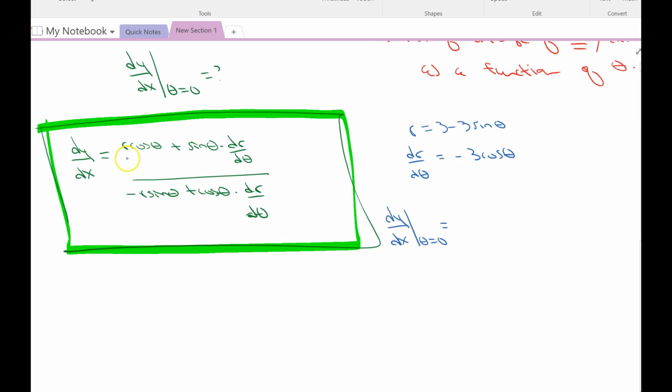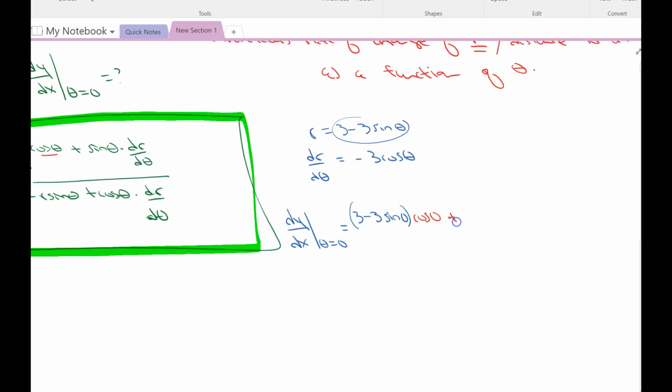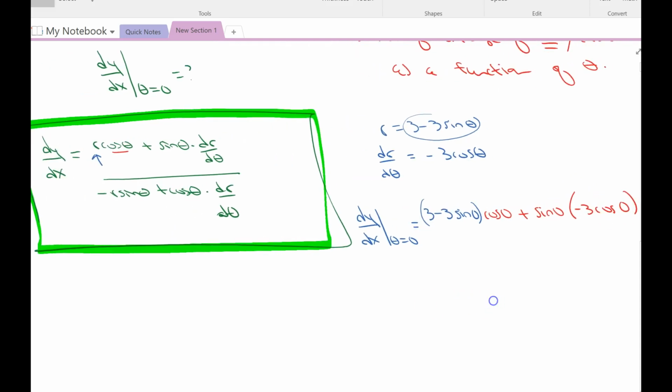R is going to be 3 minus 3 sine of 0, all of that times the cosine of 0, plus the sine of 0, all of that times negative 3 cosine of 0. And again, I know some of you are seeing that I could have zeroed out some things, but I'm showing all the work the first time through.